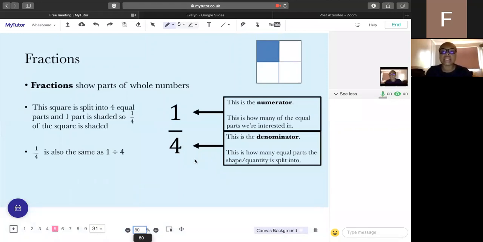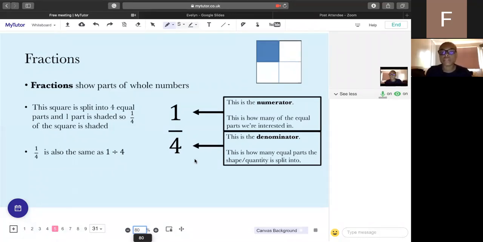As you can see in the top right corner, we have a square which is split into 4 equally sized smaller squares, and there's one smaller square which is shaded in blue. Since we split it into 4 equal parts and we've chosen 1 out of the 4, this represents a quarter of the square which is shaded.